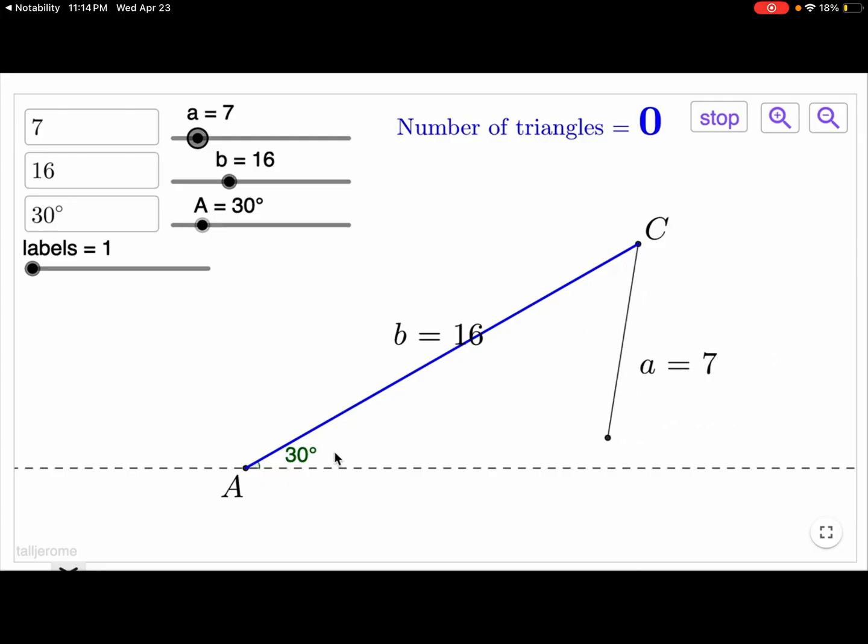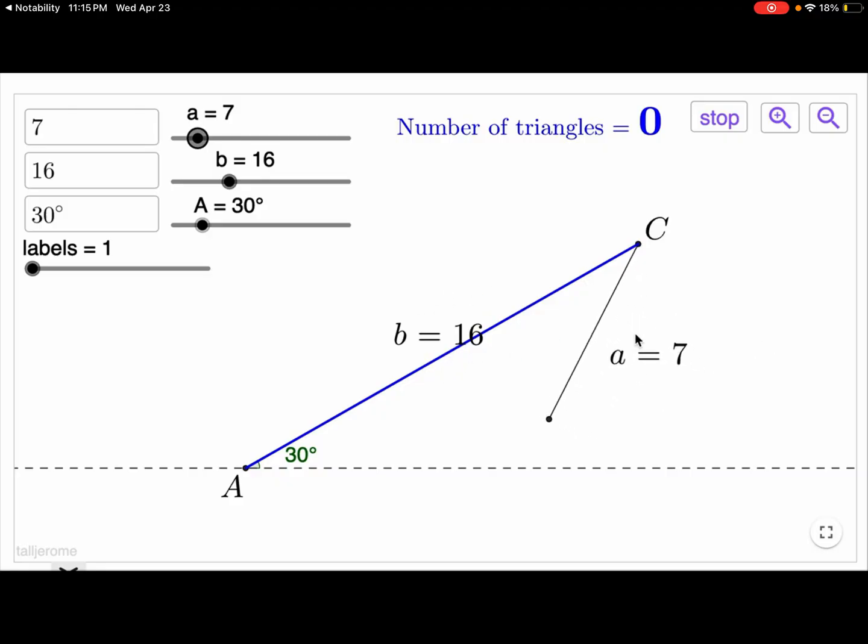We have learned the unit circle, and we have learned that sine of 30 is equal to 1/2. Remember that 1/2 is a ratio, so sine of 30 degrees in this case means that the opposite side is half of the hypotenuse.